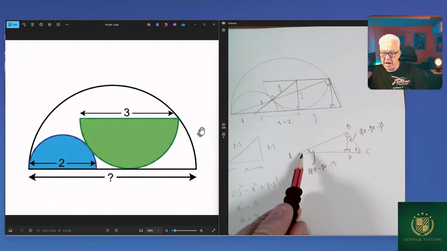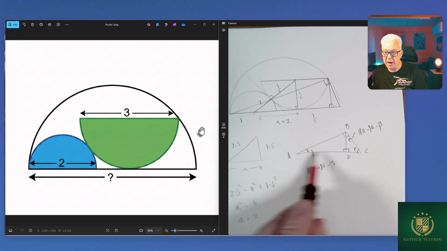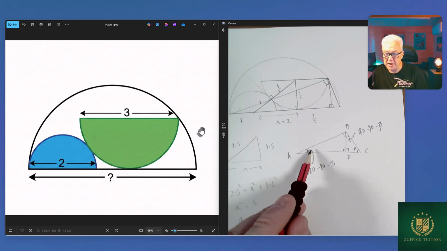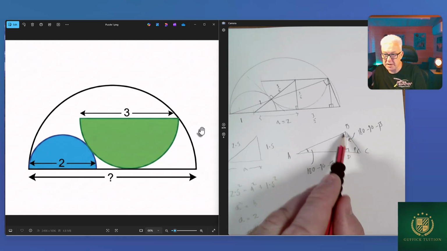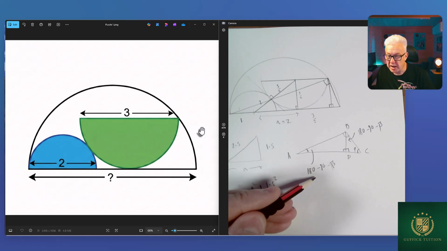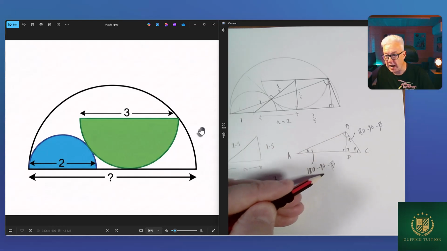So in this one, I'm now considering the triangle ACB. So in the triangle ACB, we've basically been able to work out that this angle here must also be beta, okay? Because in the big triangle, we have 180, take away a 90, take away beta. So that's beta there, so that means that this angle here is the same as this angle here, and I'm going to call it alpha.